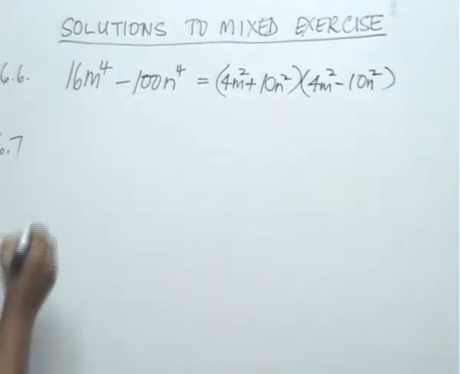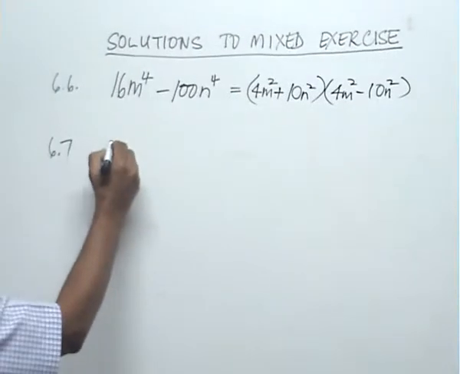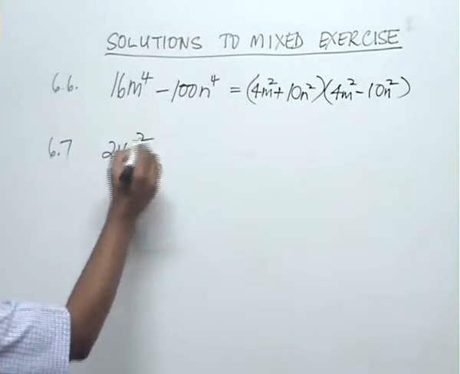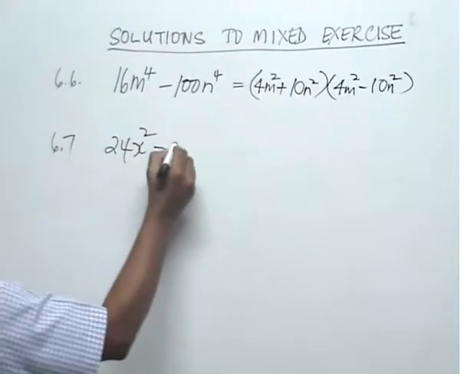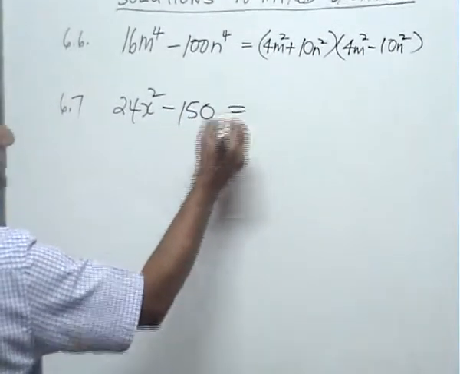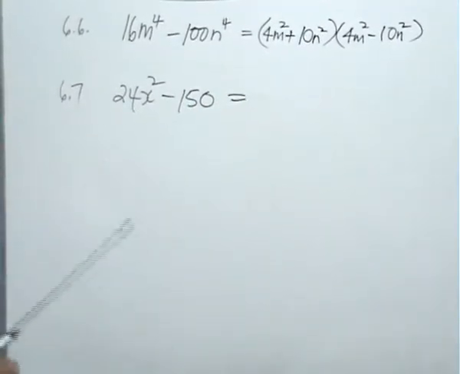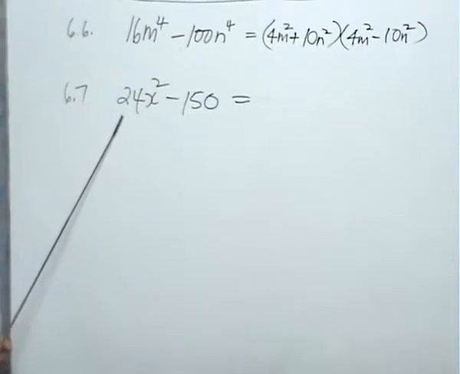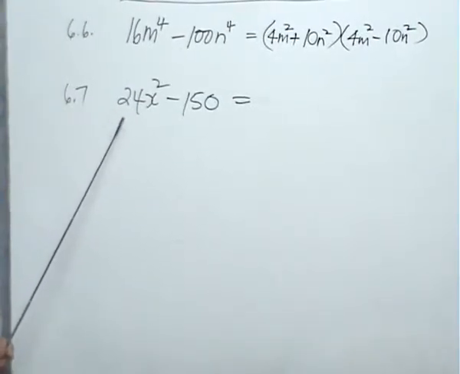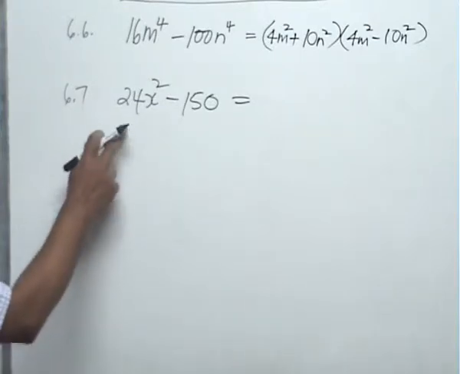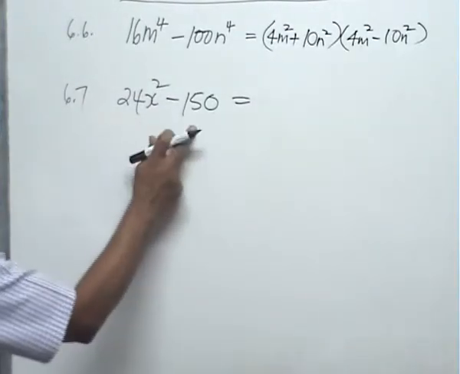Move on to 6.7. 24x squared minus 150. Golden rule, make sure to look for a common factor. So when we look here, we'll find that there's a common factor 6. 6 is the highest common factor here. 6 will divide here and there.